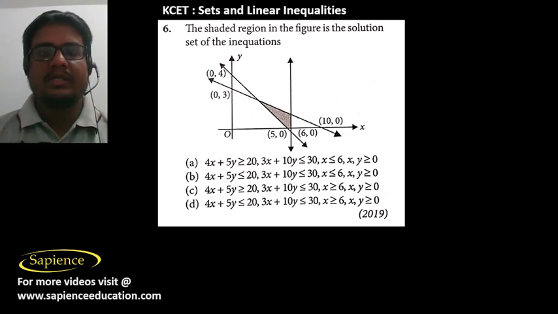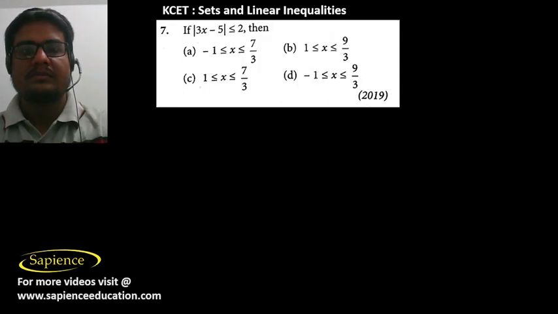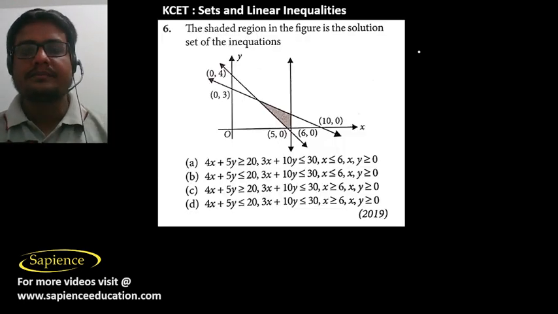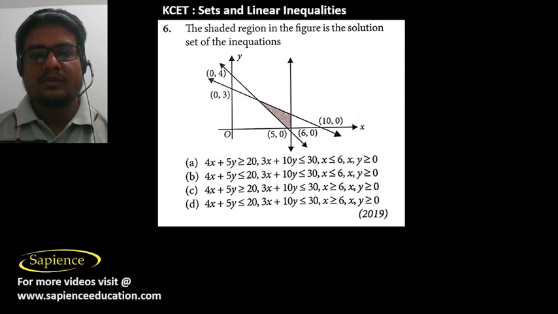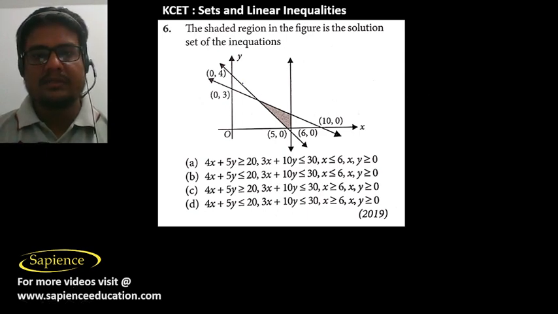Then it is told the shaded region in the figure is the solution set of the inequations. So first we have to find the equations of these given straight lines. So for this straight line, the y-intercept is 4 and x-intercept is 5.